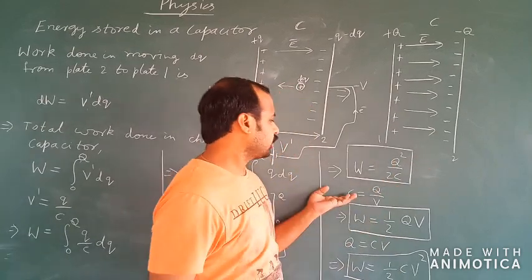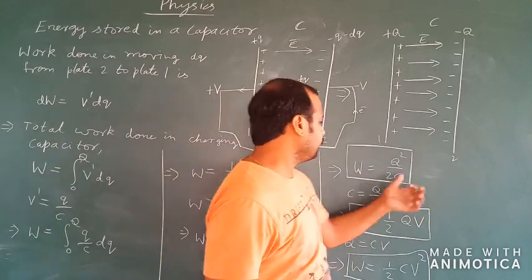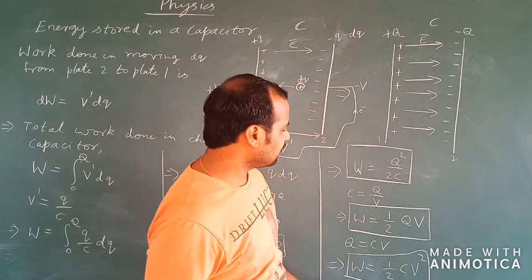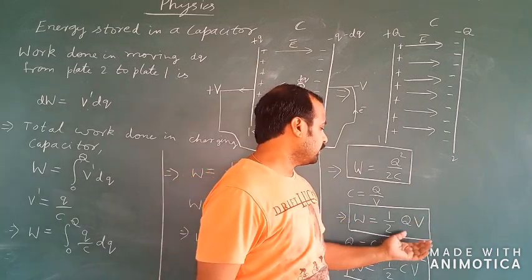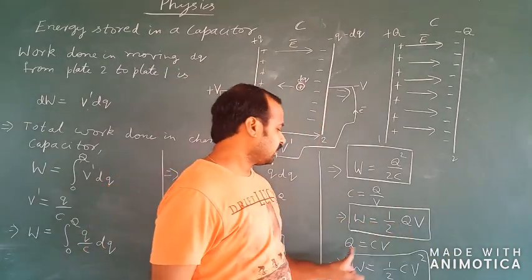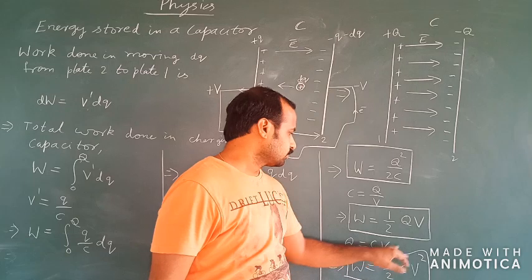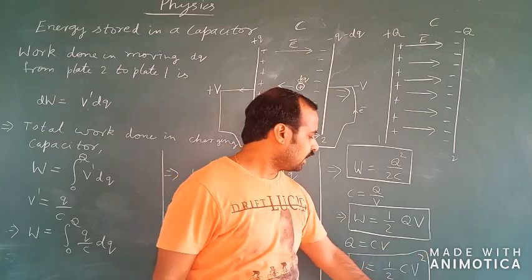Now we know that C equals Q by V. On substituting for C, we can also write the work done as W equals 1 by 2 QV, and since Q equals CV, when I substitute for Q we get W equals half CV square.